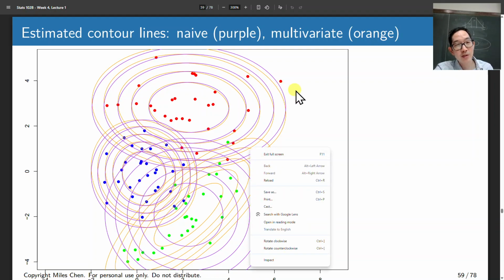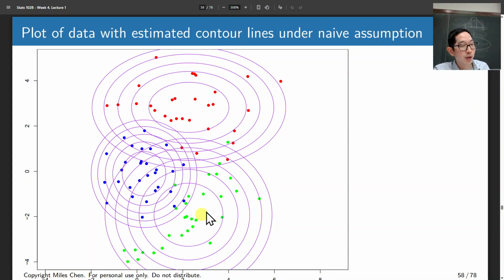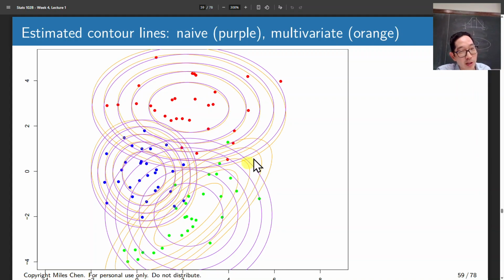The orange is like if we did estimate the covariances. The biggest difference is for the green class, which had covariance, right? So the green class C has covariance, and so when we do our naive assumption, we're assuming there's no covariance, so we're just assuming there's a variance of 3 in this direction and a variance of 3 in this direction, okay, with no covariance.